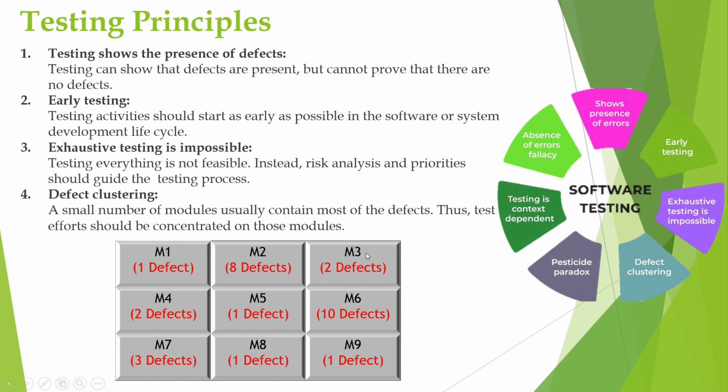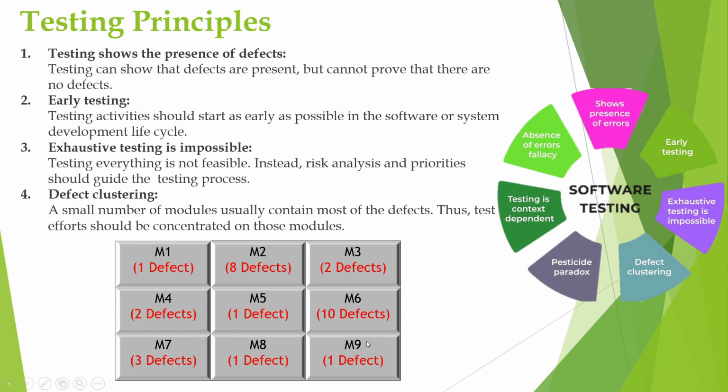In the same way, in module 3, we get 2 defects. In module 4, we get 2 defects. In module 5, we get 1 defect. In module 6, we get 10 defects. In module 7, we get 3 defects. In module 8, we get 1 defect. And in module 9, we get only 1 defect.